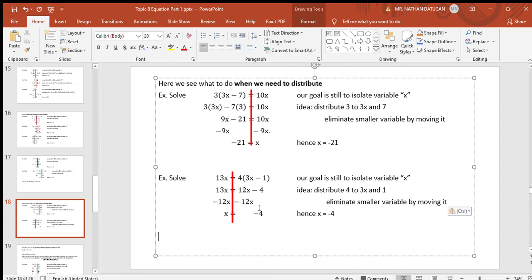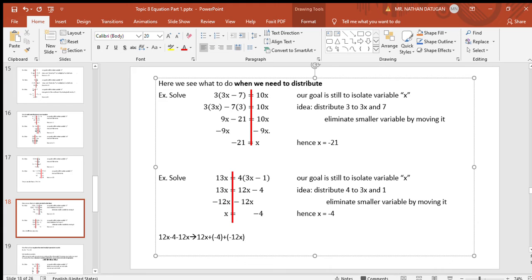Just in case you didn't know how we got from minus 4 to negative 4, think of this: 12x minus 4 minus 12x is basically the same as 12x plus negative 4, subtraction rule, plus negative 12x.